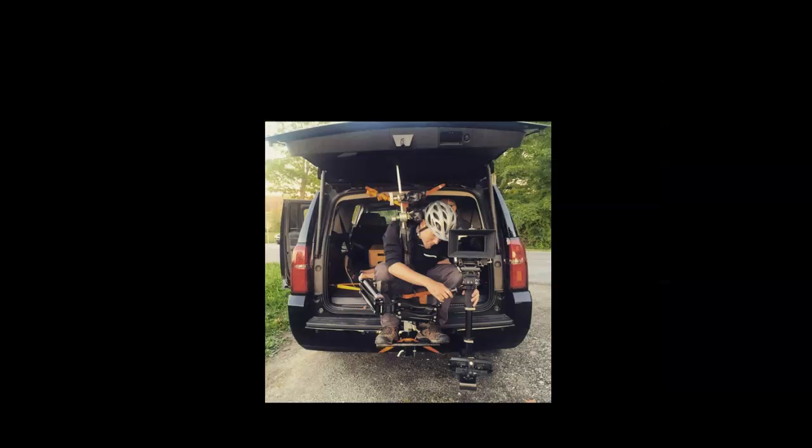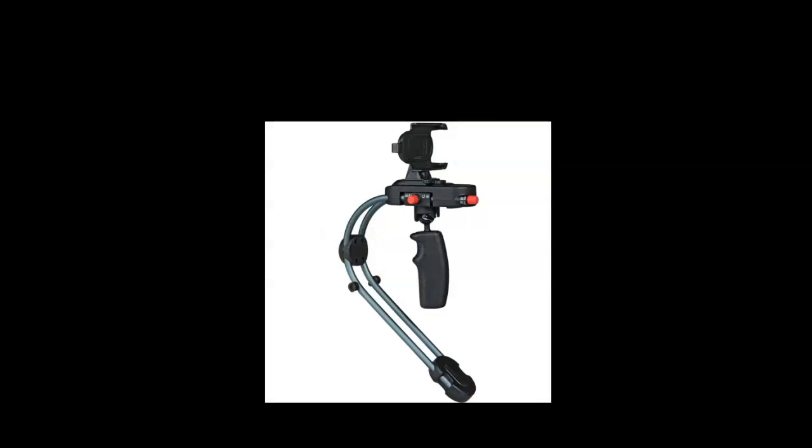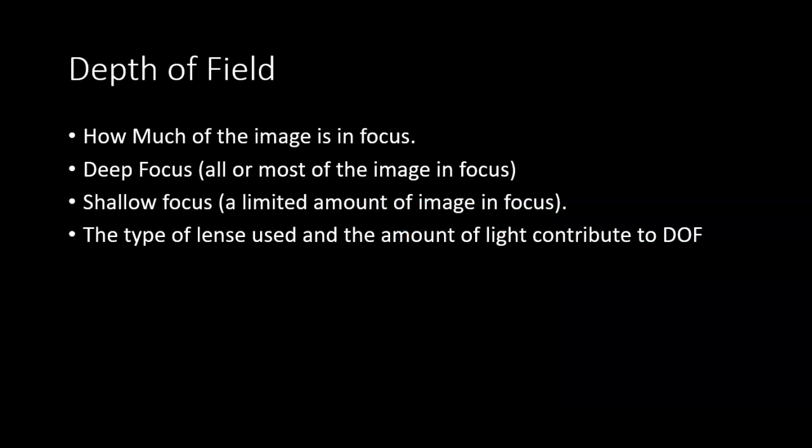They'll use the Steadicam in cars to get moving effects. It'll smooth out any bumps that the car might encounter in driving down the street. They can put them on segways, and there are handheld devices that will approximate the smoothness that you get from the Steadicam for the home market.